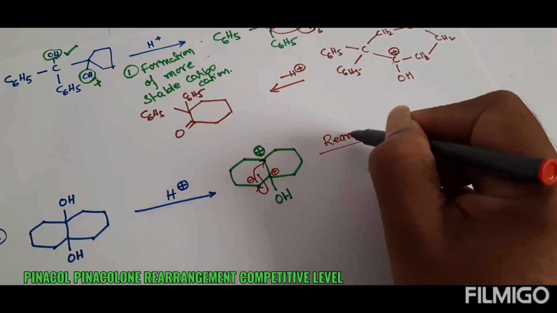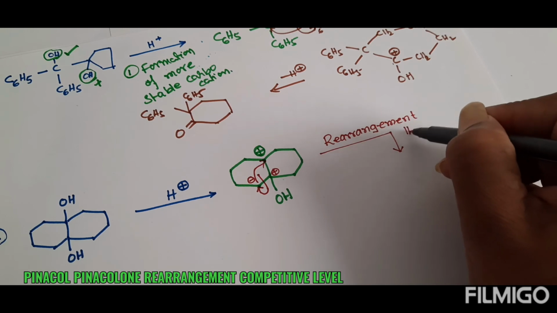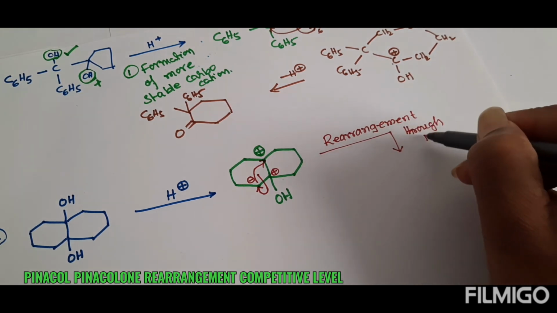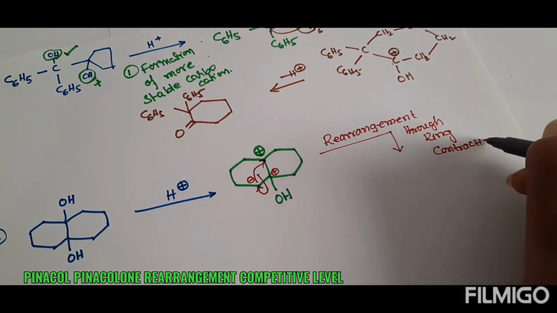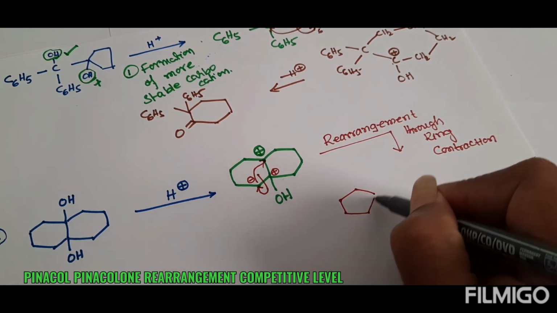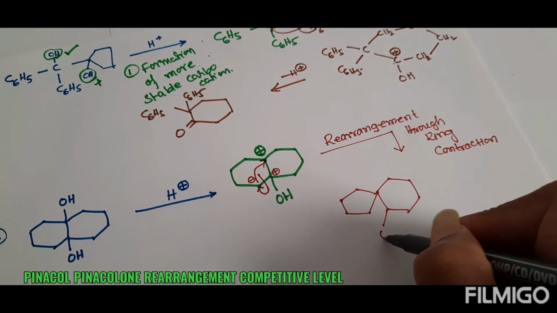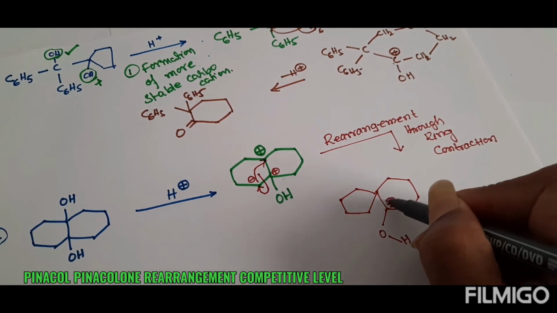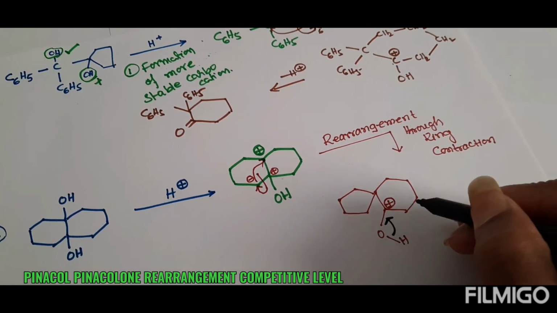Rearrangement through ring contraction. Right? As a result, the product is like this. Here is OH, here is the positive charge. This is the compound formed. Now it undergoes the simple final step, deprotonation.